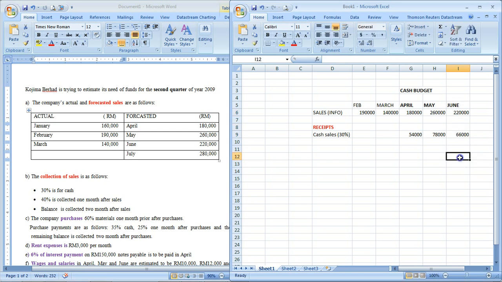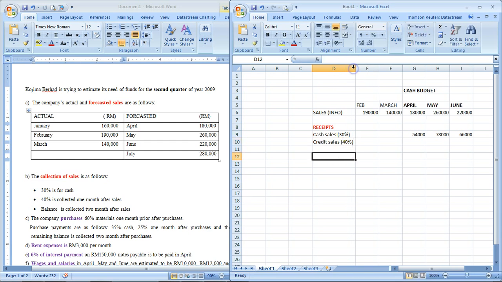Okay. Now, next is what? 40% is collected one month after sales, so you receive money from the previous sales. How many percent? 40%.